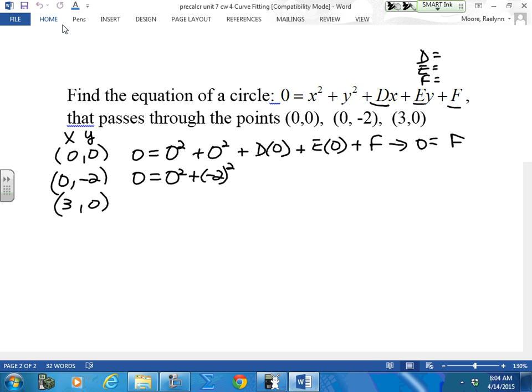Make sure you put it in parentheses, because all negative squares are positive. Plus d times the x, plus e times the y, plus f. So we're going to simplify this guy. 0 is equal to, this gives me 0, this gives me what? 4. 4, the d comes out, minus 2e plus f.